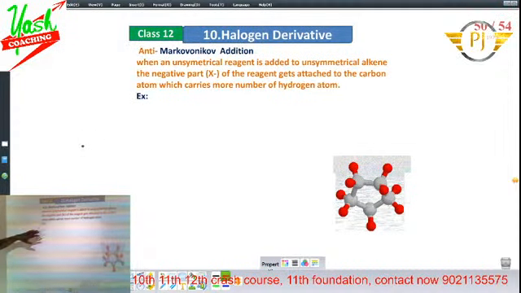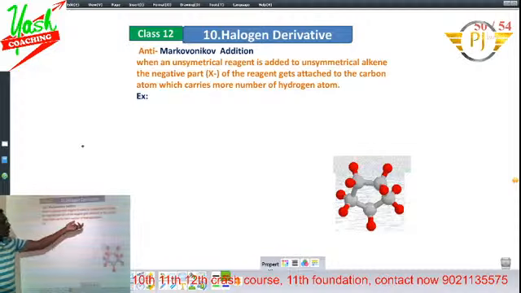What is meant by the anti-Markovnikov rule? The product obtained with the Markovnikov rule, the opposite of that, is the anti-Markovnikov product. But the condition is that in the anti-Markovnikov case, the reaction is carried out in the presence of organic peroxides, such as benzoyl peroxide or hydrogen peroxide.